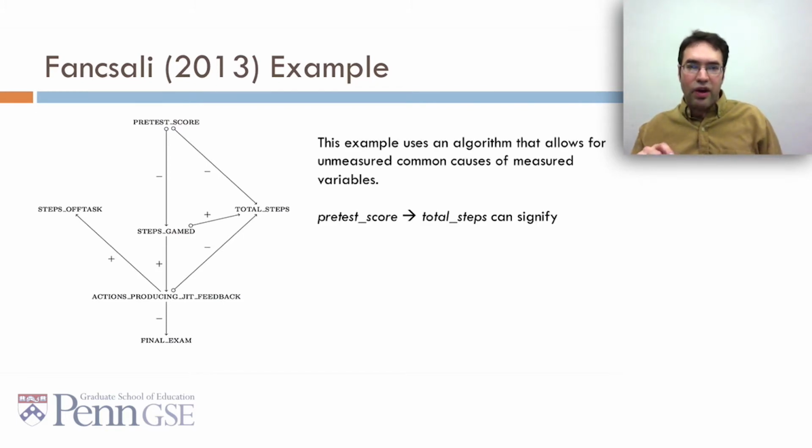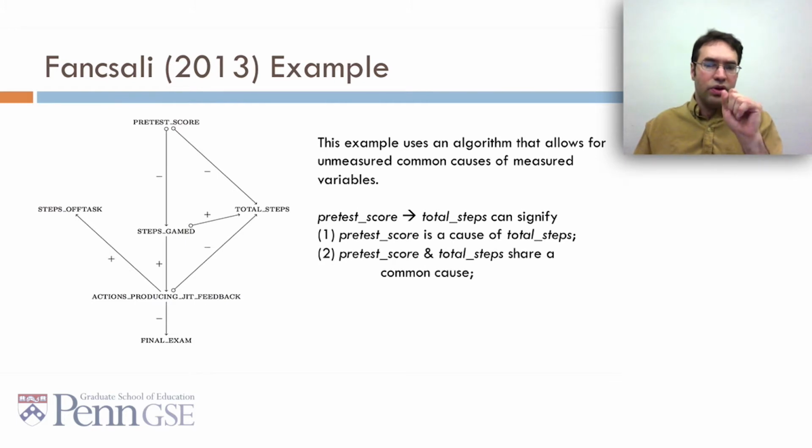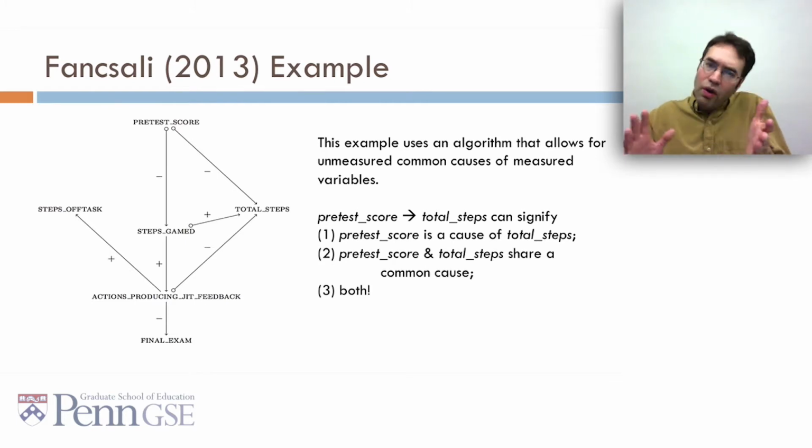This example uses an algorithm that allows for unmeasured common causes of measured variables. In other words, pretest score to total steps, the negative correlation between these two, can signify 1. That pretest score is a cause of total steps, but 2. They share a common cause, or 3. Both.